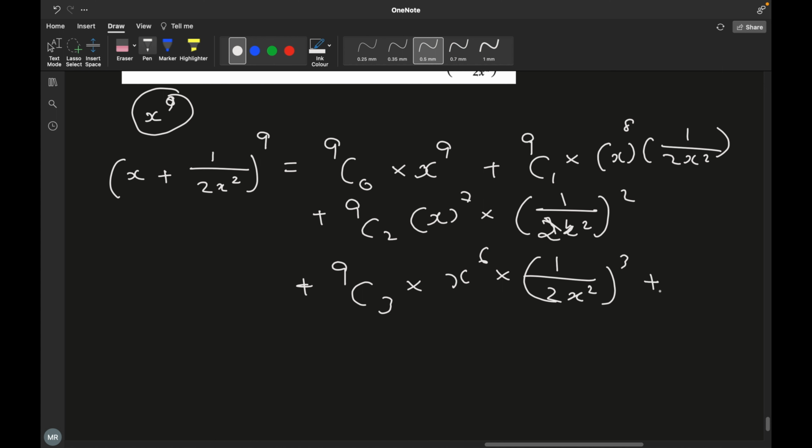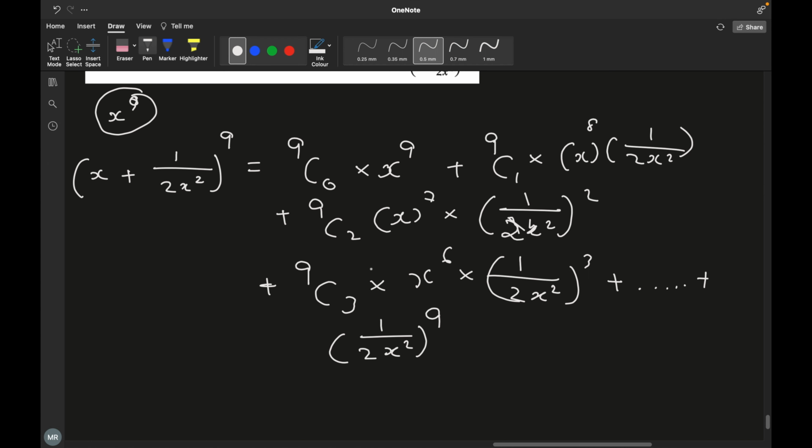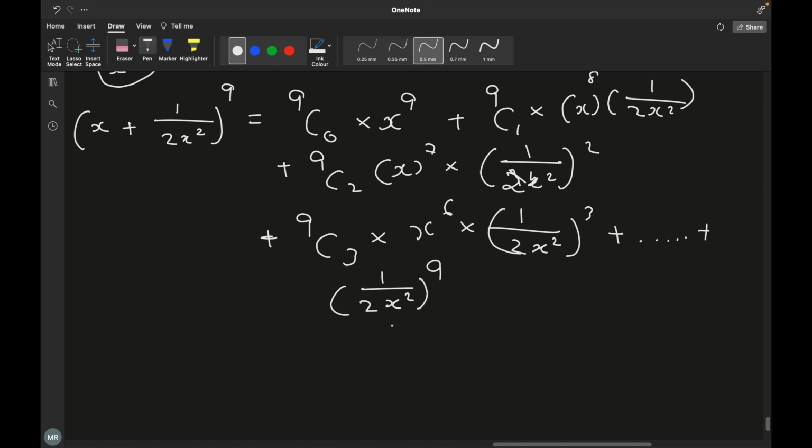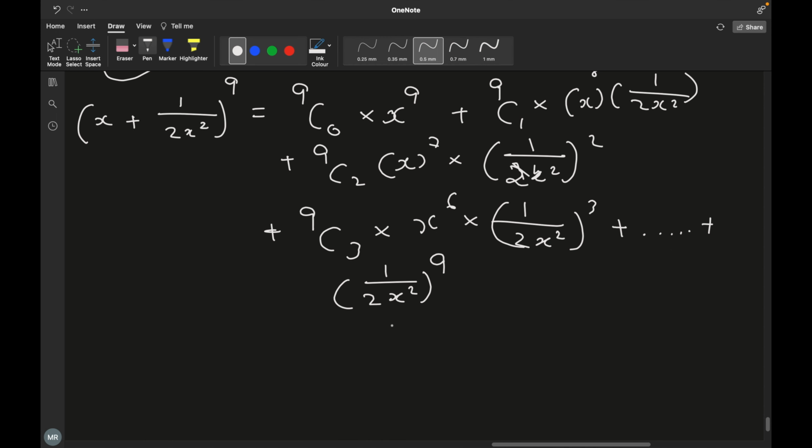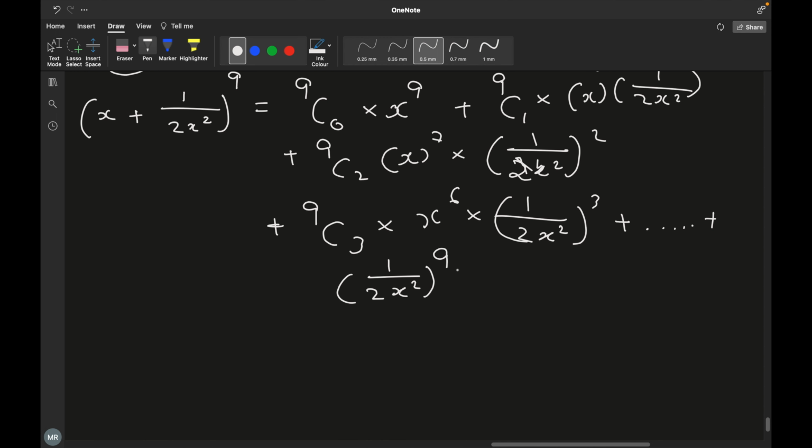After this step, you can write plus and so on till 1 divided by 2x squared whole to the power of 9. So here we got our term independent of x, because here we get x to the power of 6, here we get 1 divided by x to the power of 6, and therefore they cancel out, leaving us with just a numerical answer without x there.